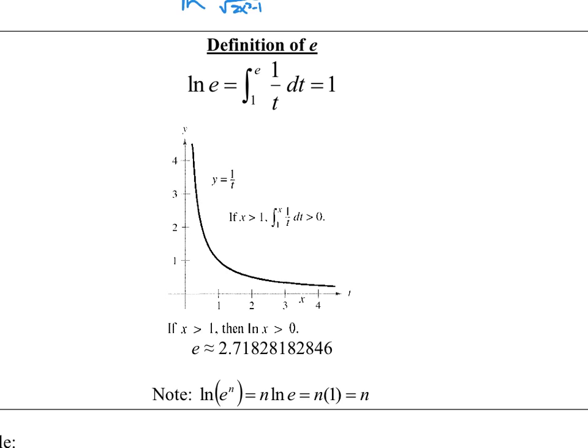All right, the natural log of e, which equals 1. Okay. So now this is something we learned a long time ago. The natural log is a log base e, and the log base e of e equals 1. Here we're just defining it further in terms of an integral.